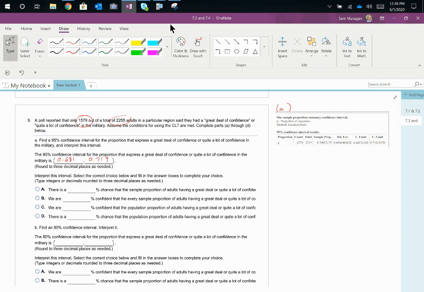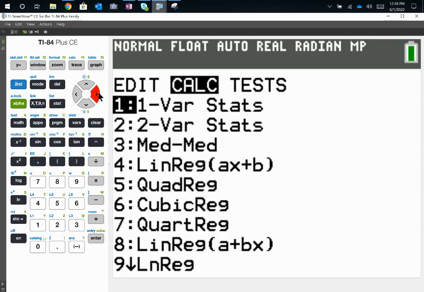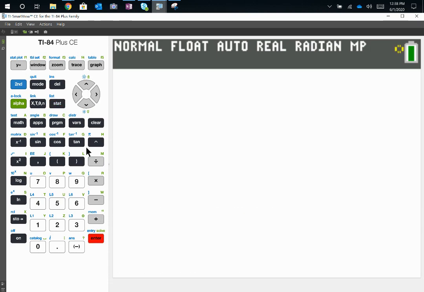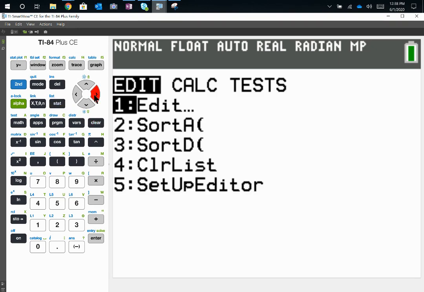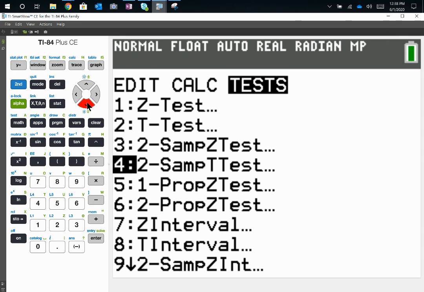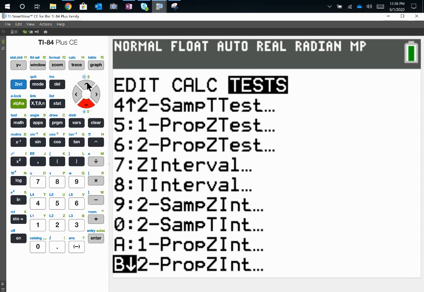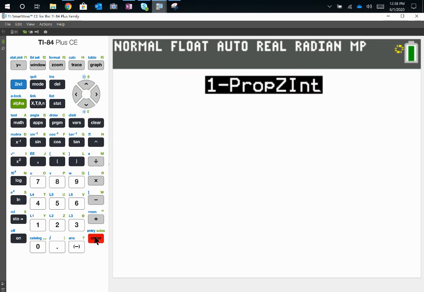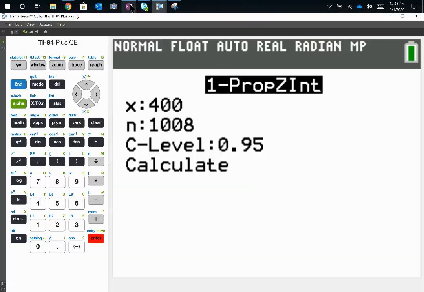Again, remember you can use your calculator for this if you want to simply follow the process. Stat, test, scroll down to one proportion Z interval, and type in your two numbers, which in this case was 1579 and 2255.